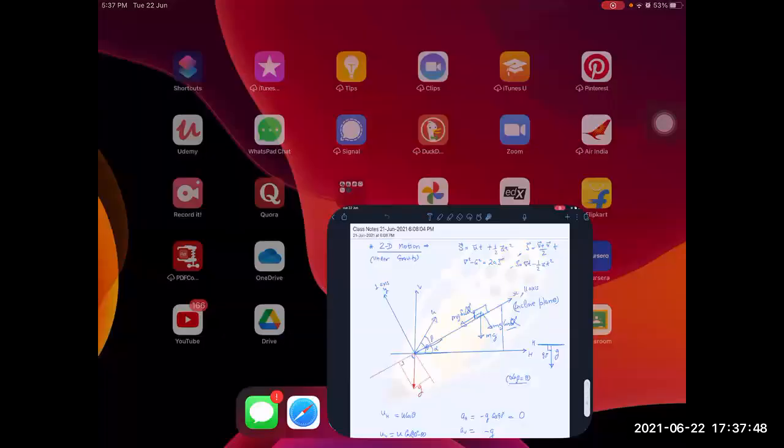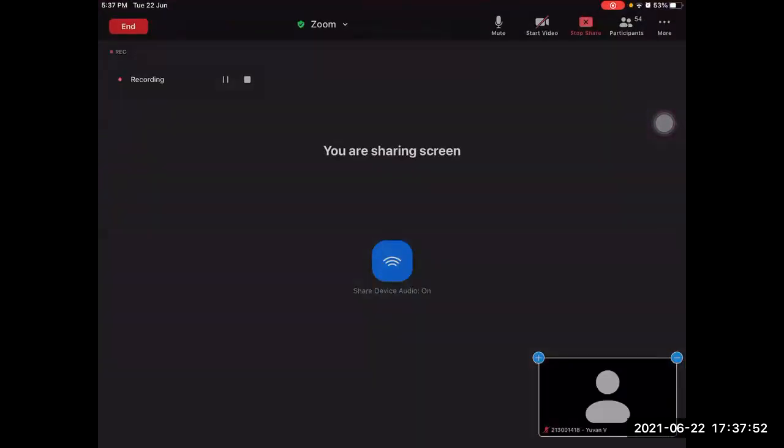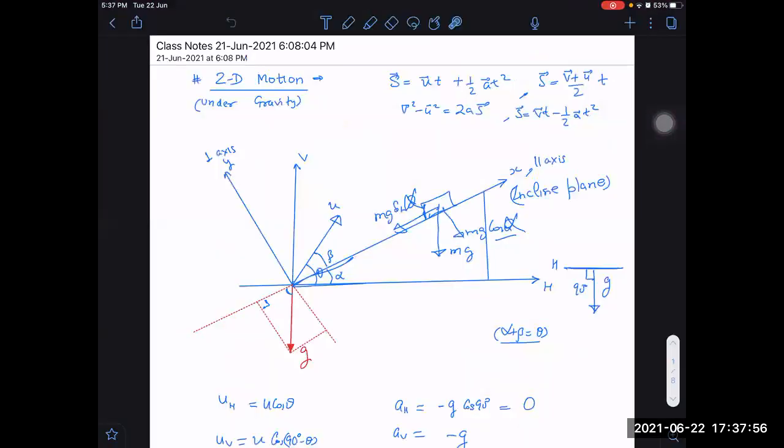Are you there or not? Yes, sir. What is the component of g along the incline? g sin alpha. Minus g sin alpha, and the minus is also important, because along the x-axis, downside, it is minus g sin alpha.